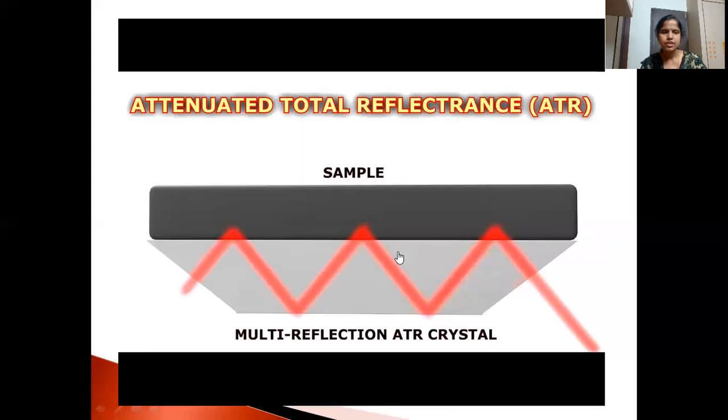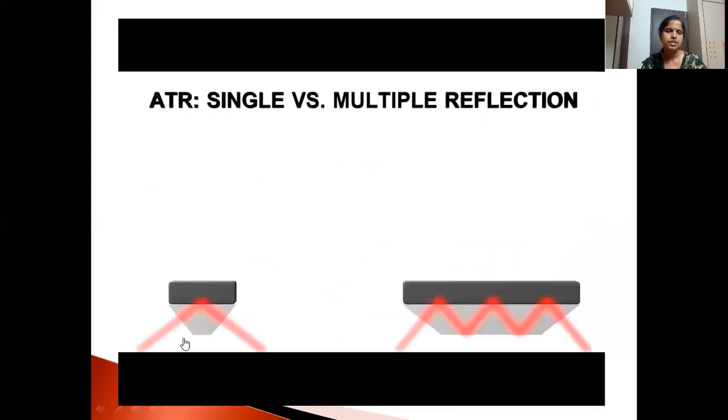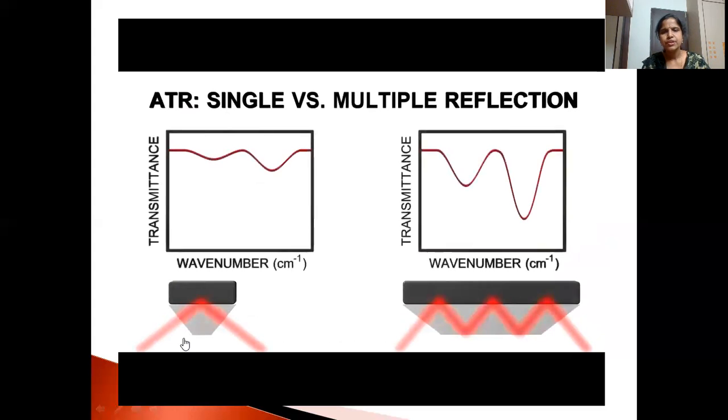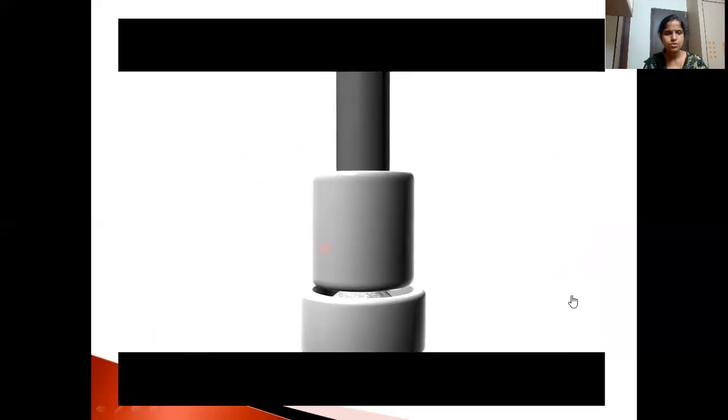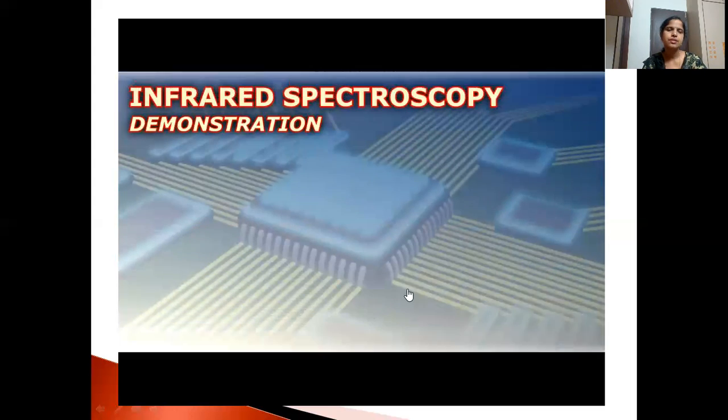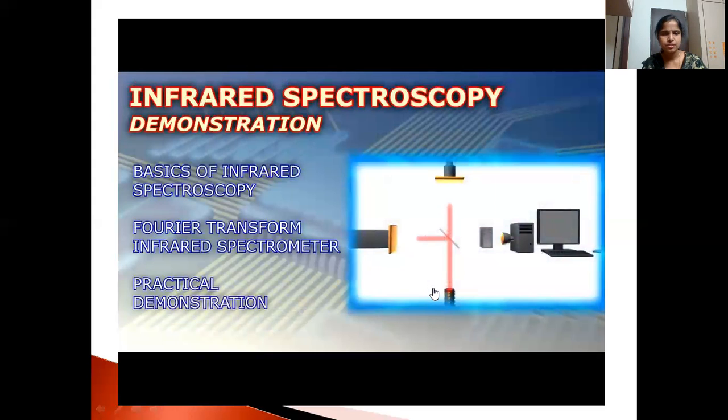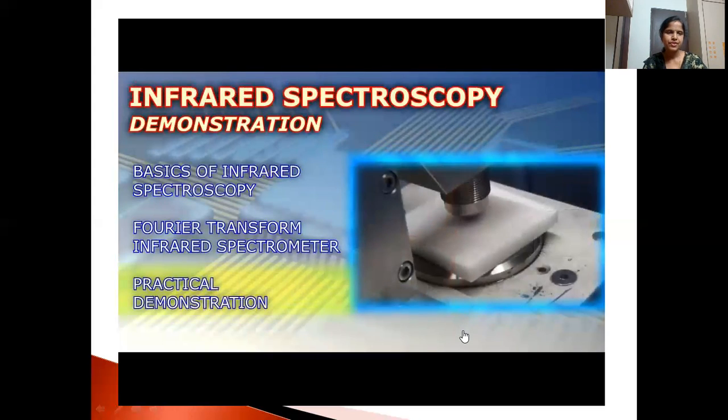The main use of multiple reflections is that you get a very good resolution spectrum. The other type is powder form, which is pressed and converted into pellets. These pellets can be used as the sample where IR radiation falls, and we can record the spectrum.